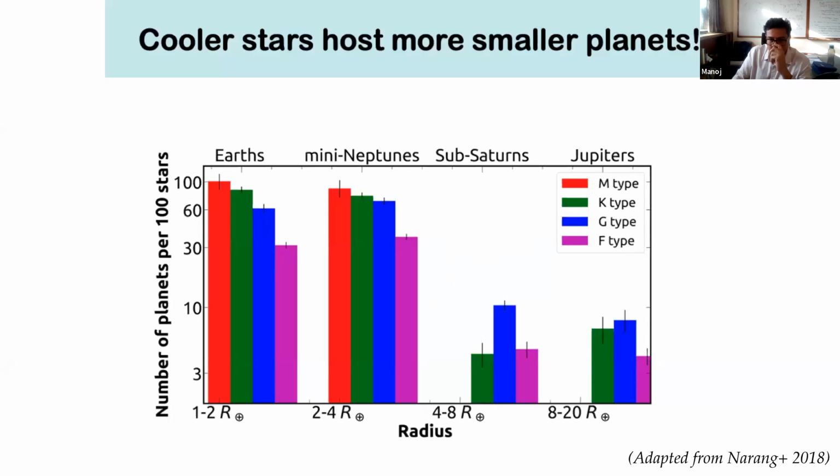So that's about the planet and T effective, the spectral type dependence. To summarize, cooler stars host more planets, and these planets around cooler stars are mostly rocky, smaller planets, and most of the gas giant planets are around sun-like stars, a little more massive sun-like stars.